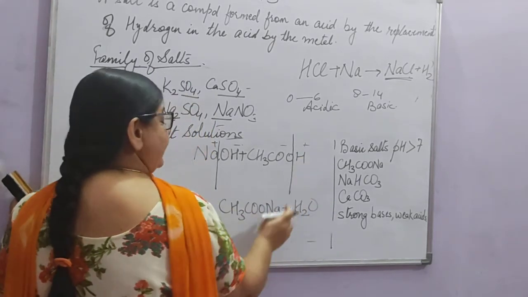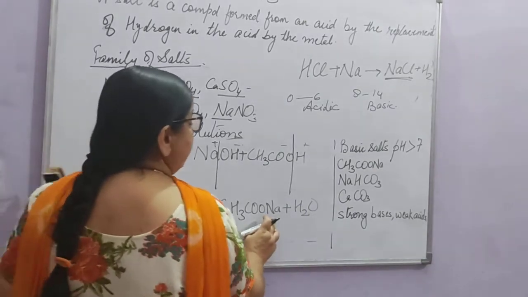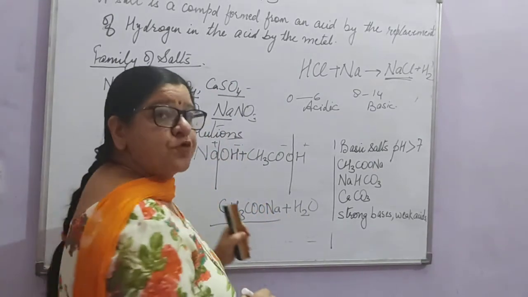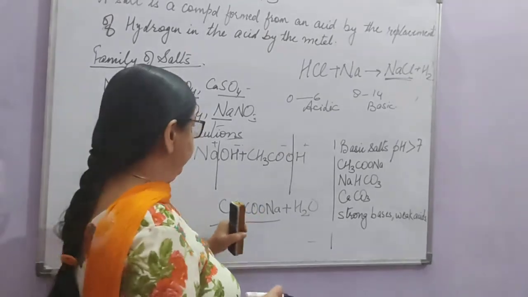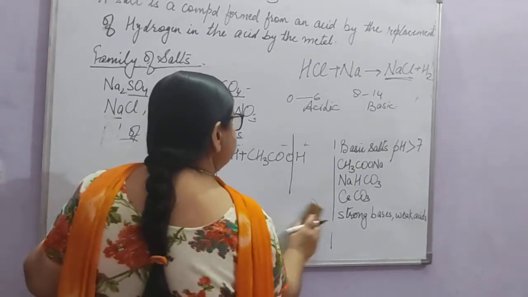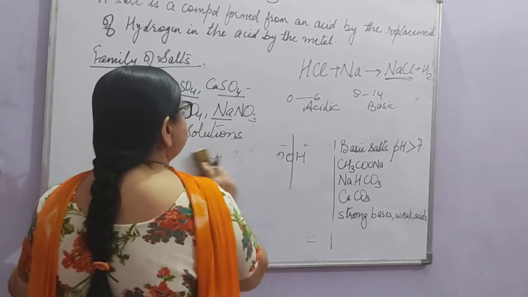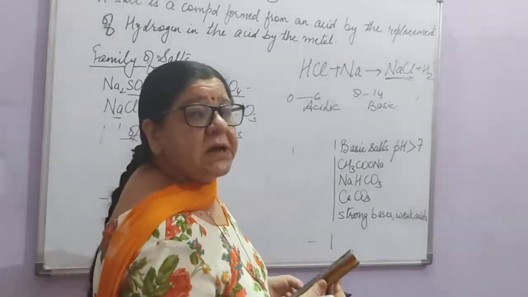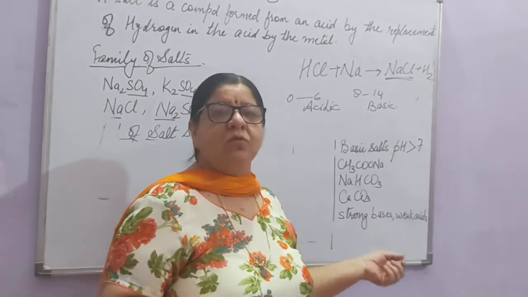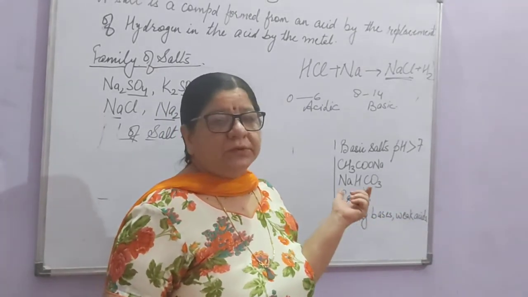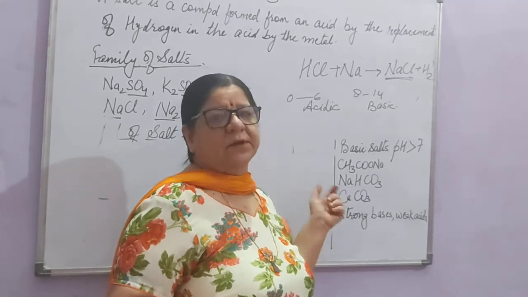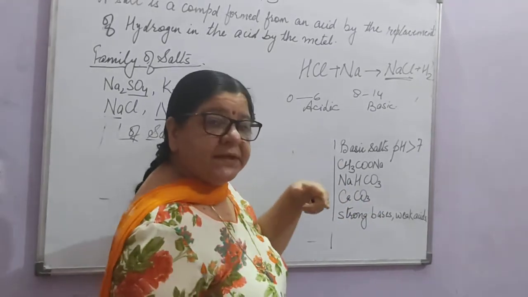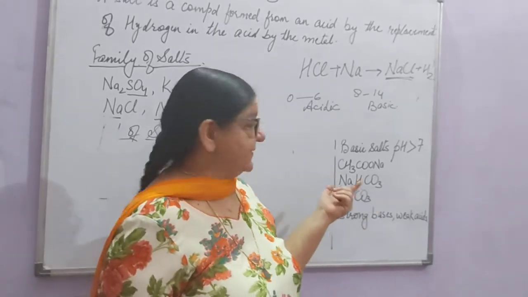Here hydrogen has been replaced by the metal, and this will be a strong base, right? Because acetic acid is a weak acid. It is found in vinegar, etc. So that is in the acetic acid only. If we put water, that turns into vinegar. That you will learn later. So this is a weak acid.